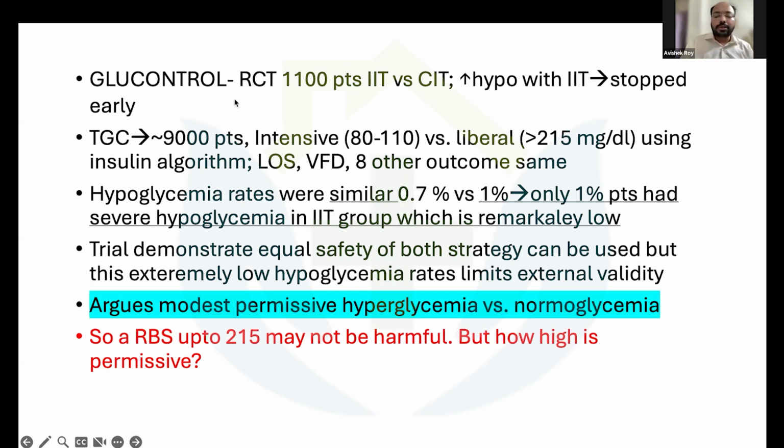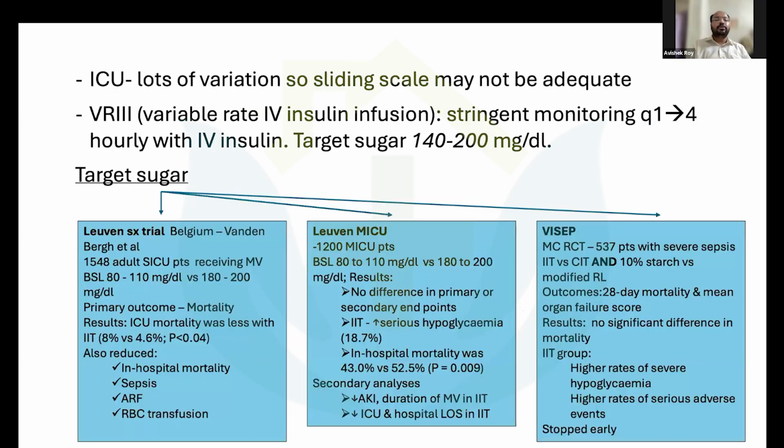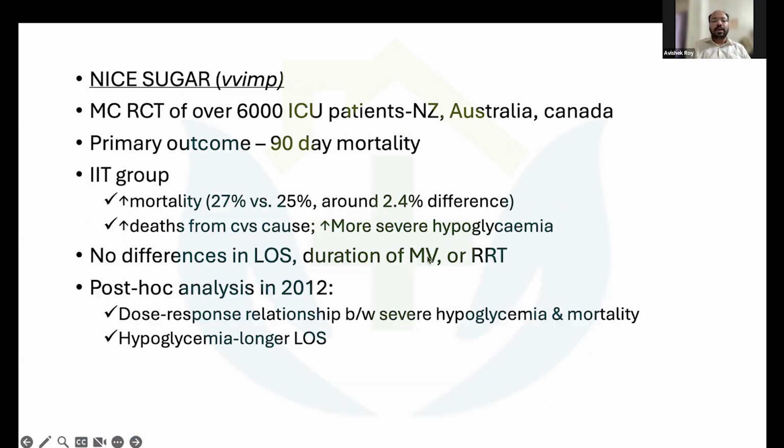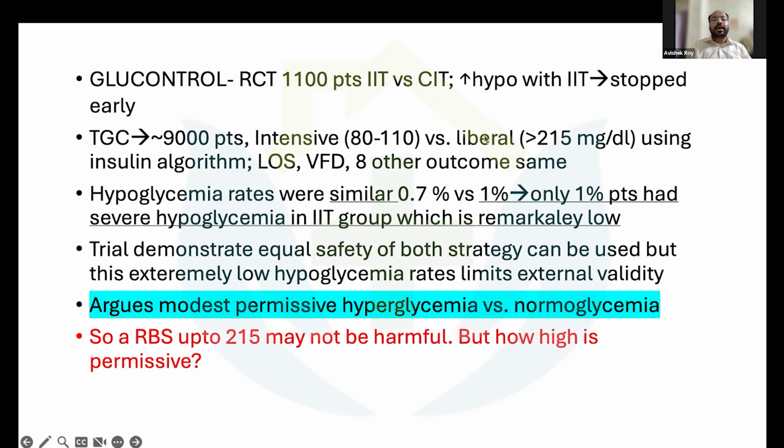And surprisingly, Van den Berghe, who first devised these trials, the Leuven surgical and the MICU trials, came up with an updated trial on their own with 9,000 patients in 2023, published in NEJM. They compared intensive, 80 to 110, versus liberal, that is more than 215, using some insulin algorithm, which is basically some AI based algorithm, and they compared length of stay, ventilator free days, everything was the same.